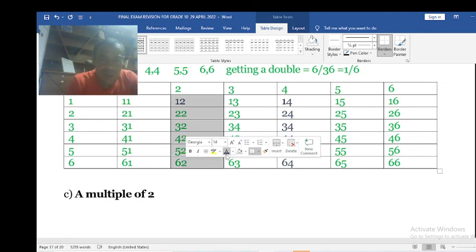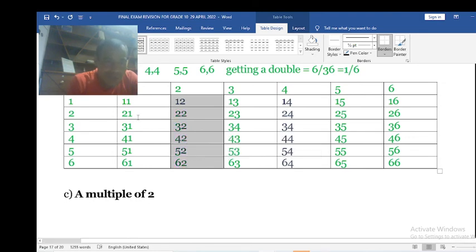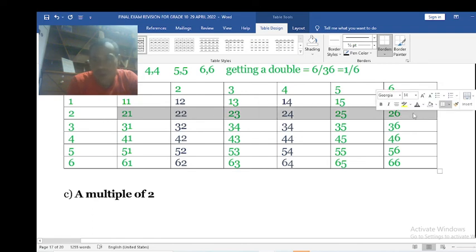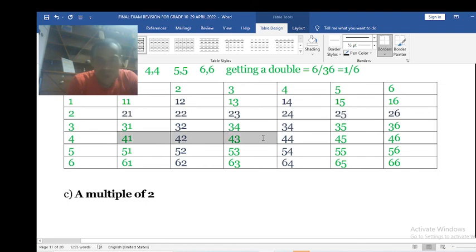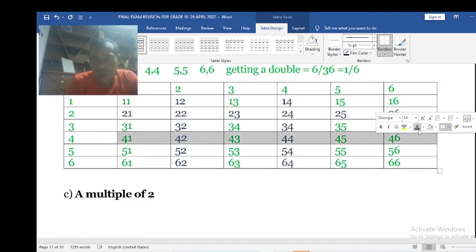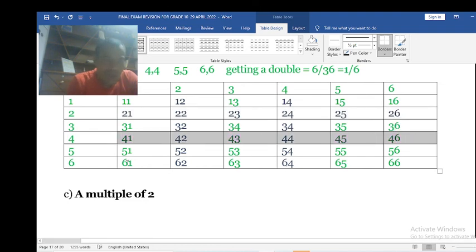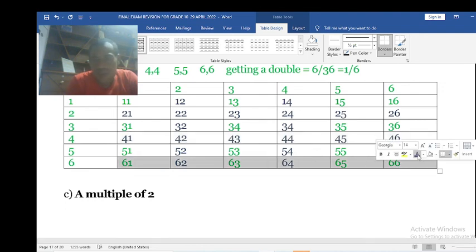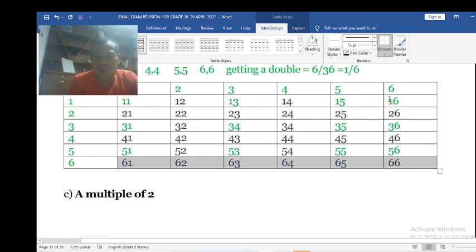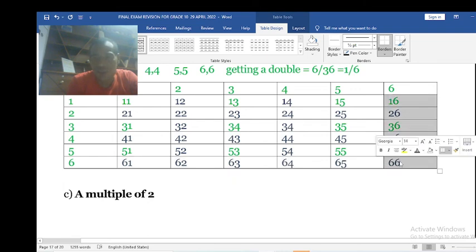And then what else? All of these are multiples of 2 also. Then 4, all of these are multiples of 2. Then this one also is a multiple of 2, and this is a multiple of 2. So I will just count the outcomes.